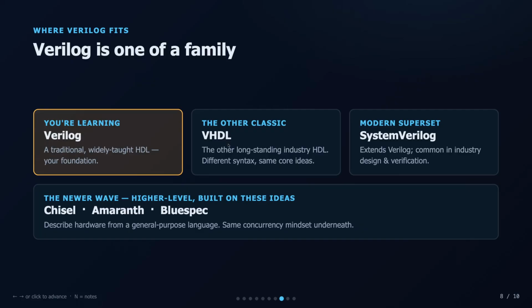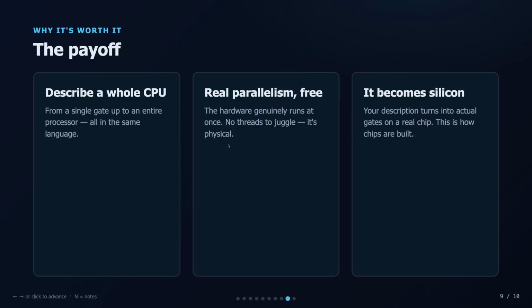Next, the payoff. It turns out that in the old days with digital logic, when we learned about how logic circuits worked, we would go into the lab and we'd wire up really simple circuits. Because we were wiring them up, it was pretty tedious to make anything that wasn't basically a very basic kind of circuit.